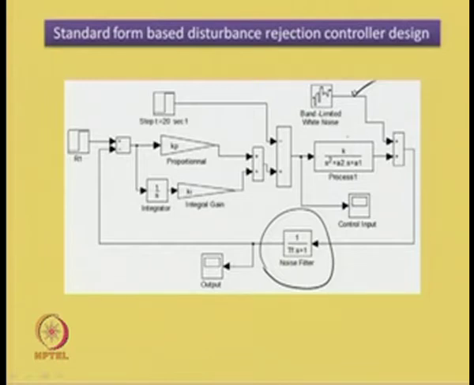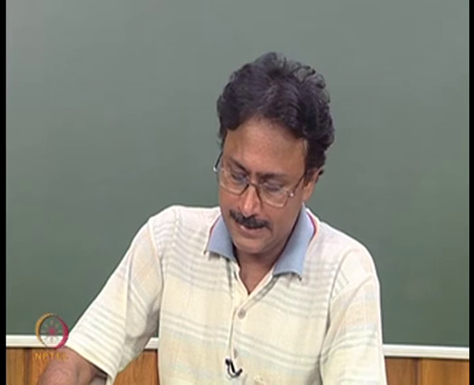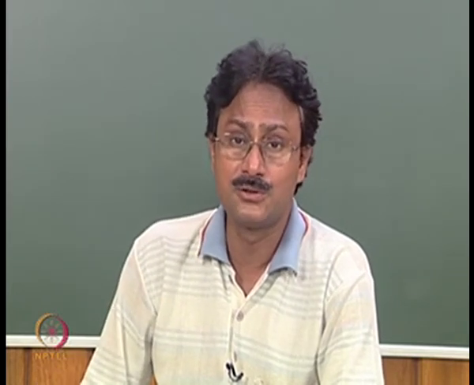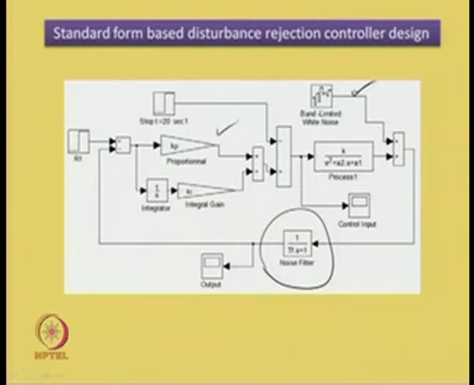Now, if some measurement noise filter is put in the loop in this form, then it can give some improved performance than the earlier PI controller. So, the effort will be made now to design a noise filter for the closed loop system. Apart from the PI controller, which will be there, we shall have a noise filter in the closed loop.